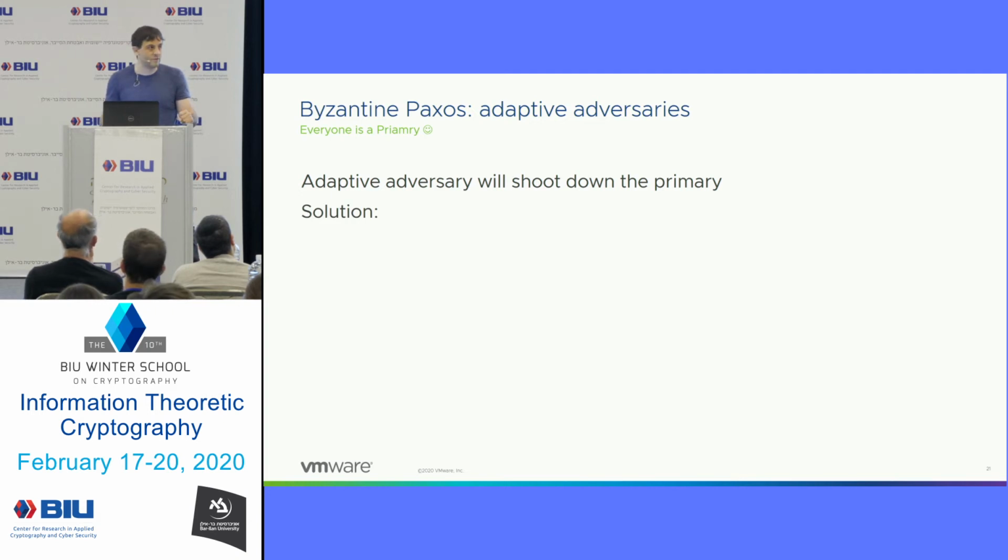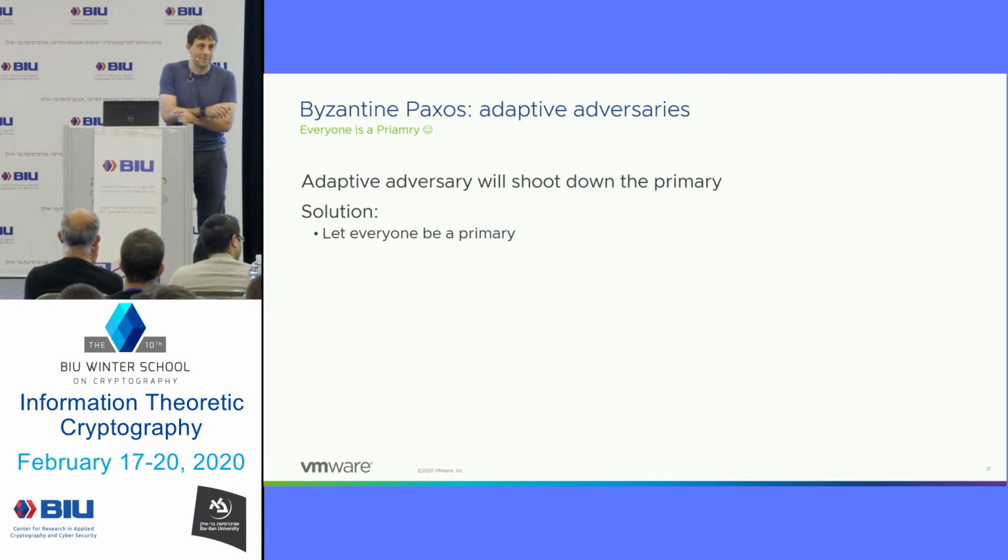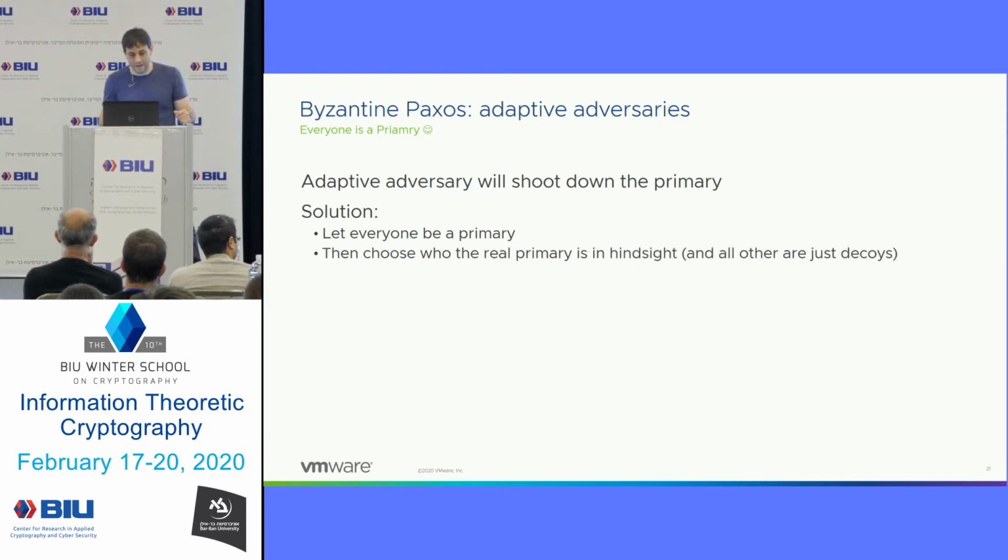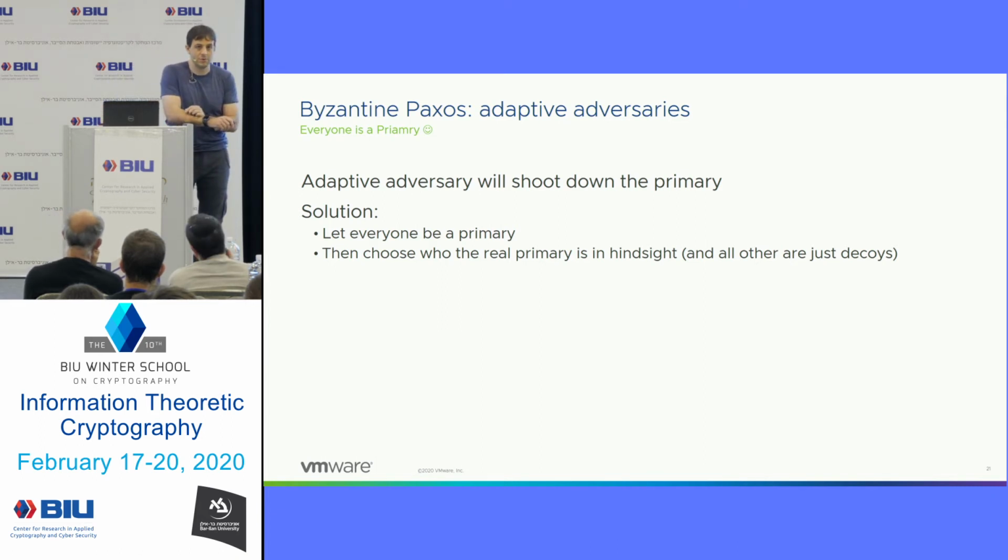And so what is the solution? The solution is to basically let everybody be the primary. So instead of electing one person to be a primary, you all get to be prime ministers. And then after some time, we choose in hindsight who was the real one, and everybody else is a decoy. This is a very simple trick to defend against adaptive adversaries.